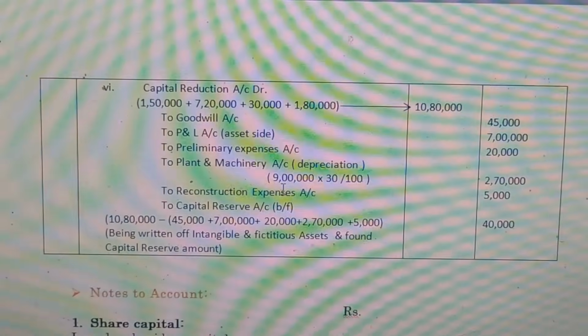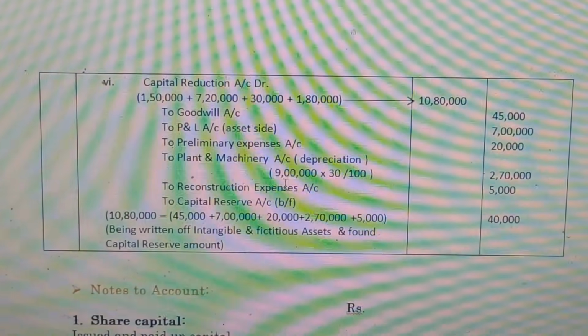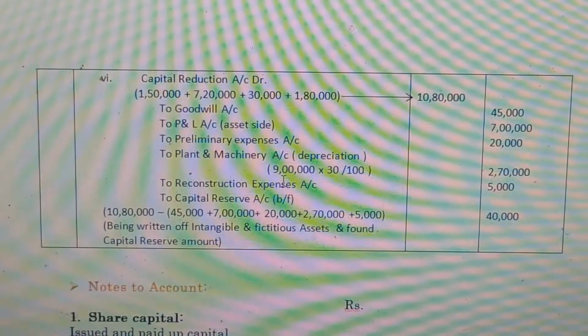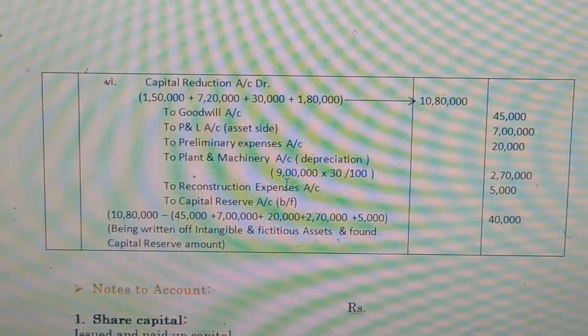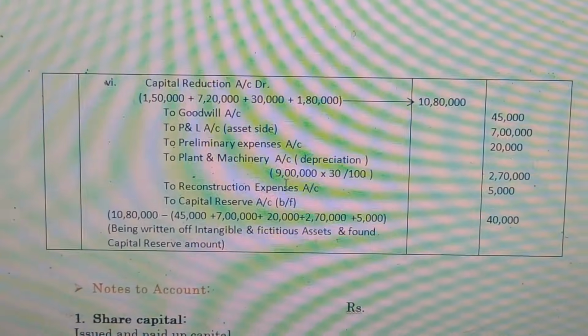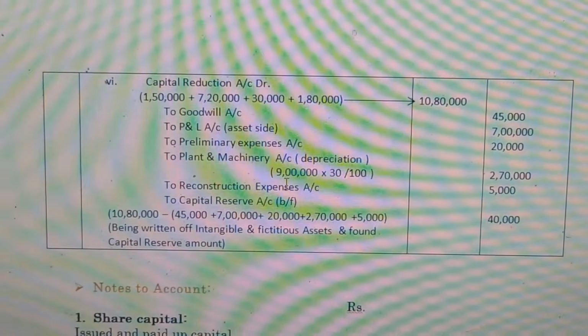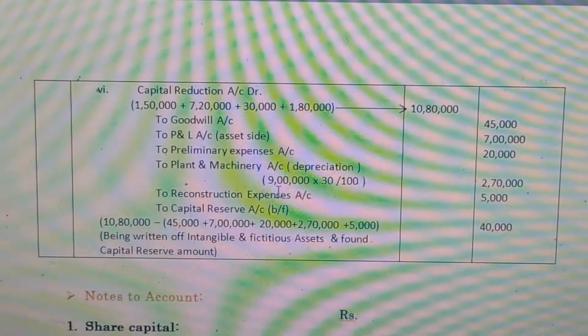And the sixth journal entry, for making adjustment against the capital reduction total amount with write-off of fixed assets and intangible assets. If there is any value or balance, that will be transferred to the capital reserve account. So in this manner, capital reduction account data.